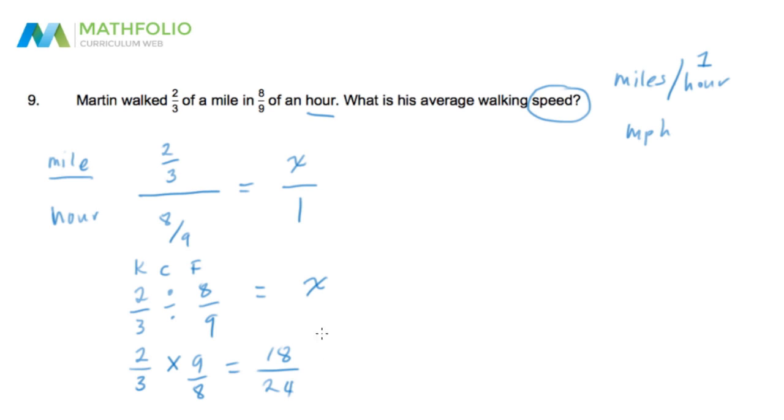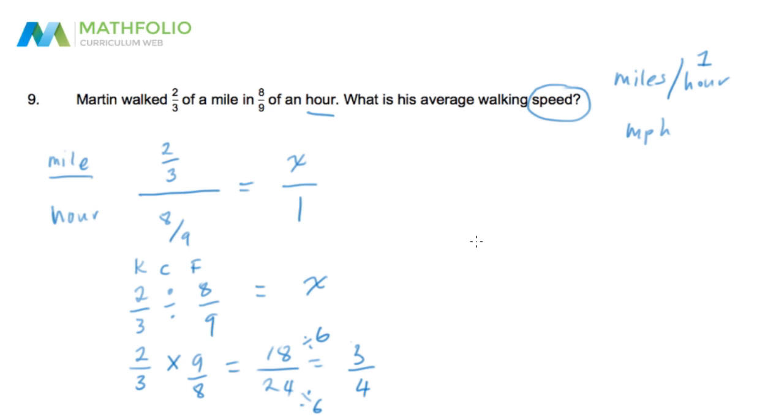So this is our value of x, but we can simplify. In this case, we can actually divide by 6. We could divide by 2, we could divide by 3, but dividing by 6 gets us there quicker. 6 into 18 goes 3, 6 into 24 goes 4. So this is our value for x, which is the miles per hour.